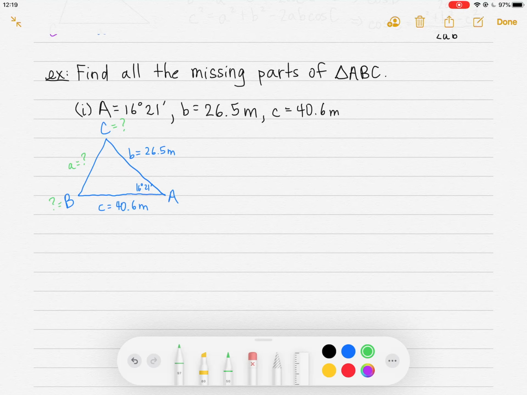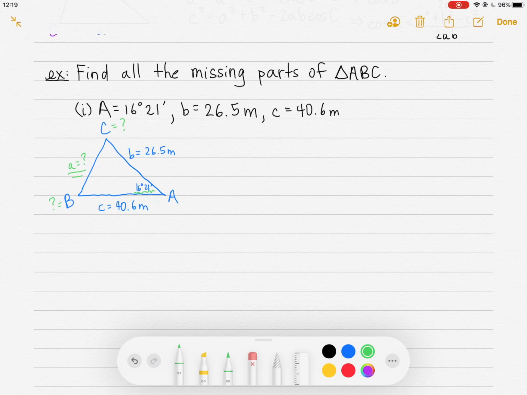Now, what tells us in this triangle problem that we can't actually use the law of sines, we need to use the law of cosines? In order to use the law of sines, you need to be given an angle and the side opposite that angle.